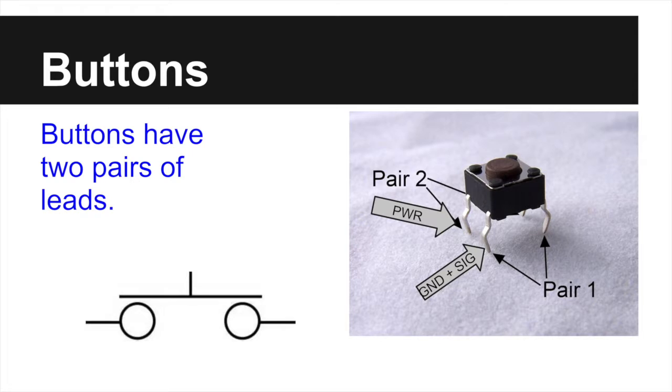Okay, let's call the end on the left positive, which is our power, and we're going to call the lead on the right negative, which is our ground. So our ground is going to be both ground and signal.